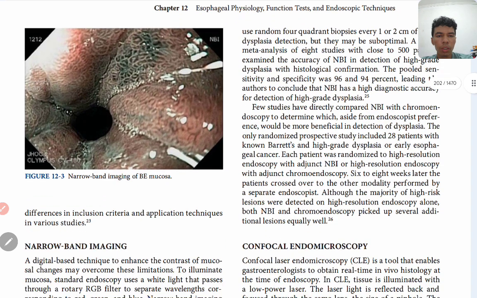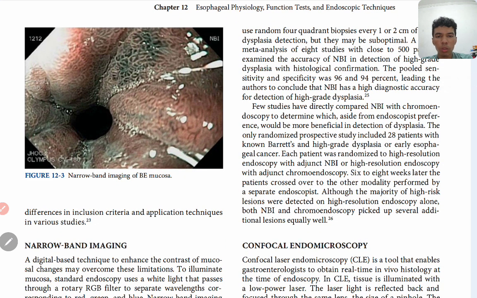Few studies have directly compared NBI with chromoendoscopy to determine which, aside from endoscopist preference, would be more beneficial in detection of dysplasia. The only randomized prospective study included 28 patients with known Barrett's and high-grade dysplasia or early esophageal cancer.